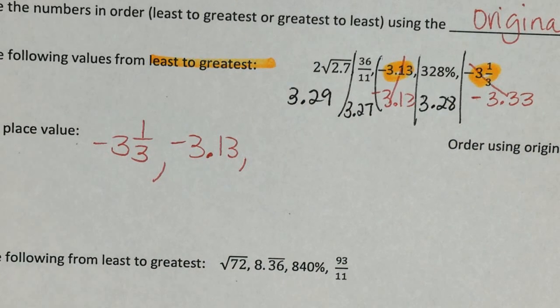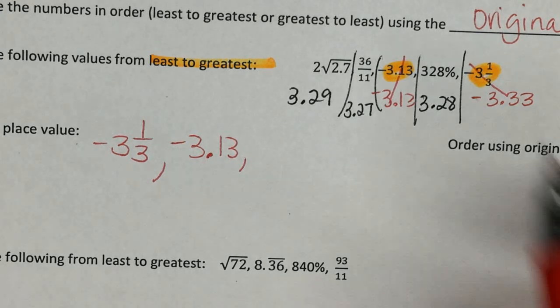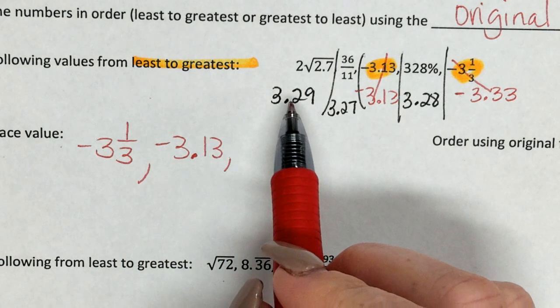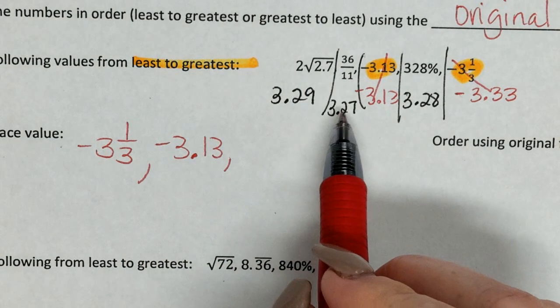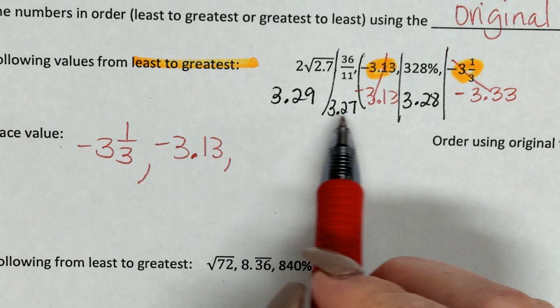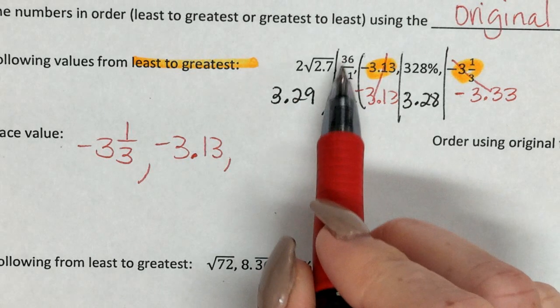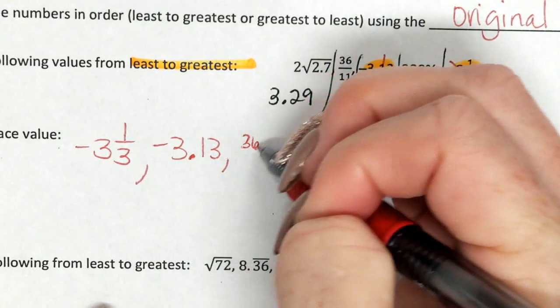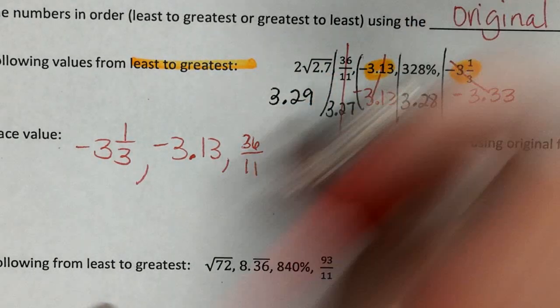Now I just have to order those positives, and that's 3rd grade work. Yes? All right. I'm going from least to greatest. So out of my positives, which one is worth the least amount of money? Do I write 3.27 or do I write its original form? So I'm going to write 36/11ths, and then I'm going to mark it out.